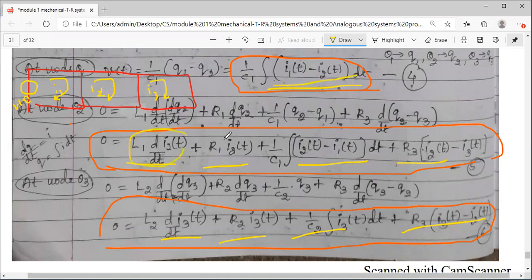I2, yes, I have L1, I have R1. Only 2. So, I will connect inductor, resistor, L1 and R1. Then I'll go to the third loop, I3.